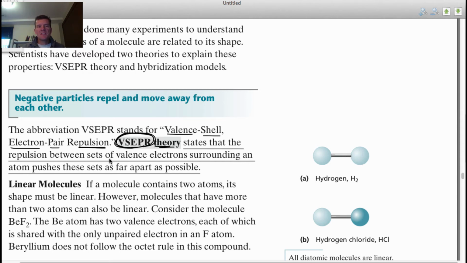It basically says that repulsive forces pushing each other away between sets of valence electrons surrounding an atom determine the shape of that molecule, because they're going to push as far apart as possible. They obviously aren't going to push so far apart that they leave the atom, but they're going to arrange themselves around that central atom and give each other space, those electron pairs. Remember, each orbital is going to have 2 electrons, so we often think of them in pairs.